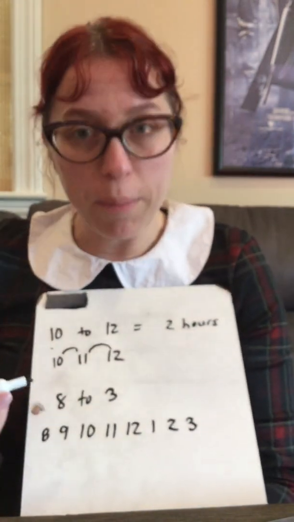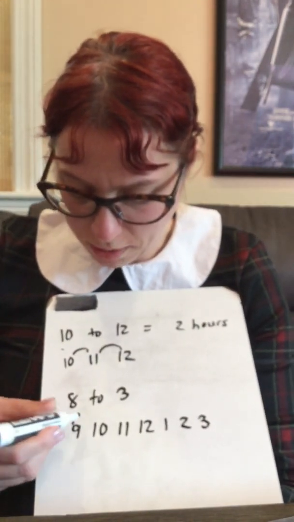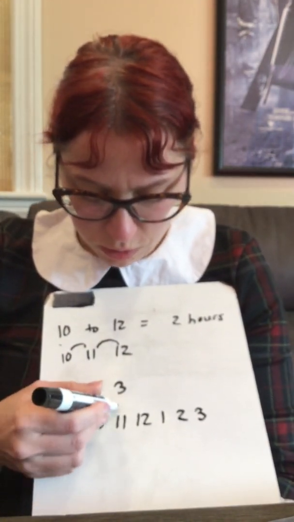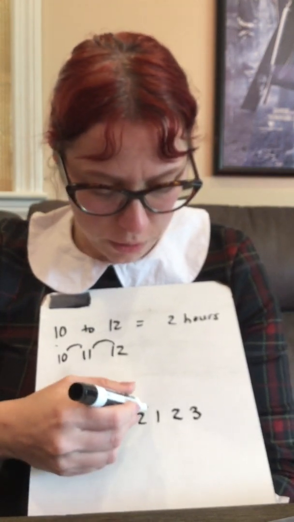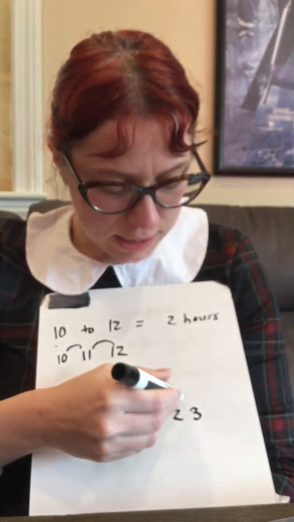That's going from AM to PM or PM to AM. It's okay to go back and forth, but we just have to pay attention to the fact that we're doing that. Now, let's find out how many hours in school. 1, 2, 3, 4, 5, 6, 7. We're at school for 7 hours.